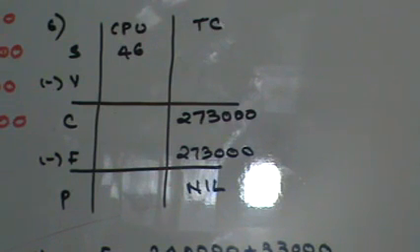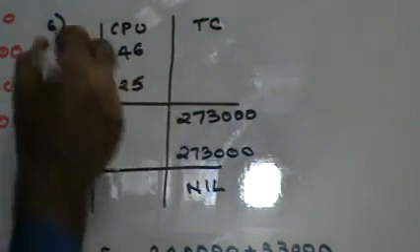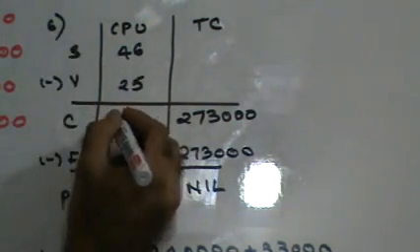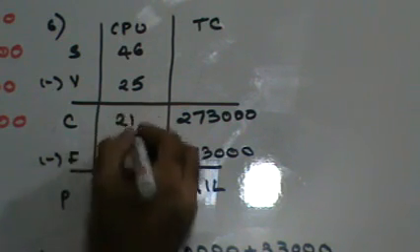Now my variable cost is 25. Someone please get me the contribution. This is 28, 25 is the original. I have to consider with respect to original. 21. So contribution is going to be 21.